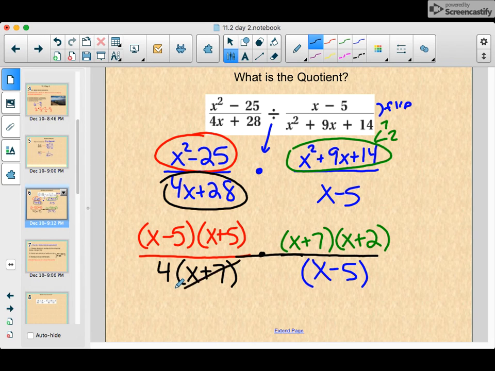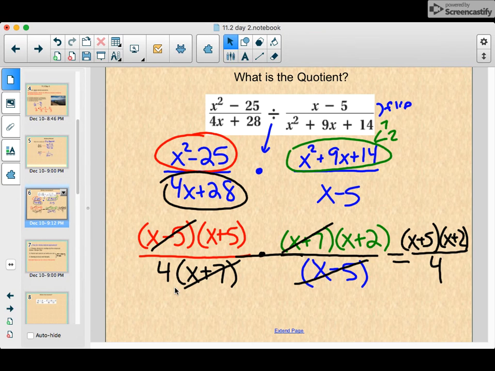So I can cancel out these x plus 7s. I can cancel out this x minus 5 and this x minus 5. And I think that's it. So my final answer would be x plus 5, x plus 2 over 4.